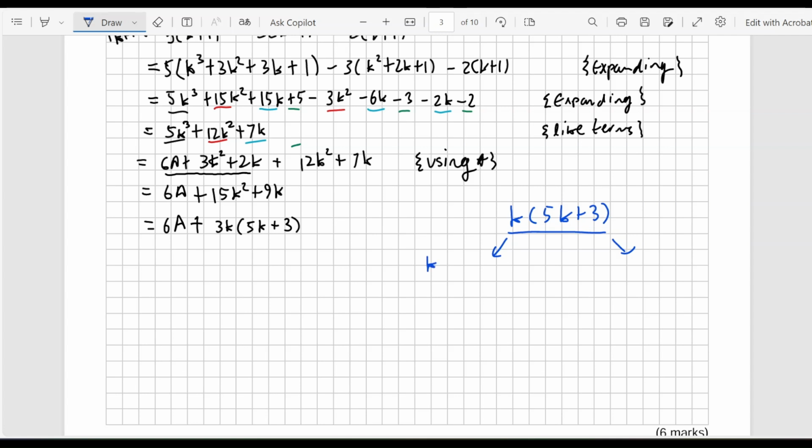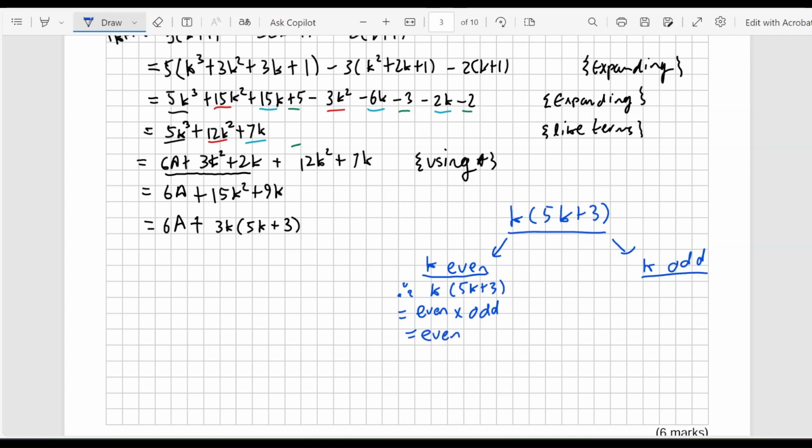So if k is even and if k is odd. Now, if k is even, we have k lots of 5k plus 3 is an even times an odd. Turns out that will be odd, because if you think about it, 5k will be an even number, and then plus 3 flicks it back to odd. So that is even.